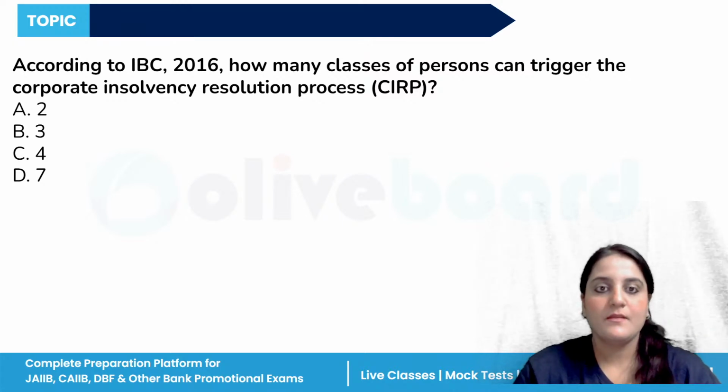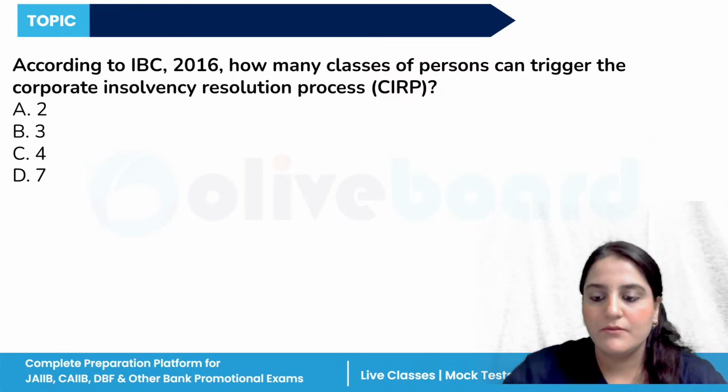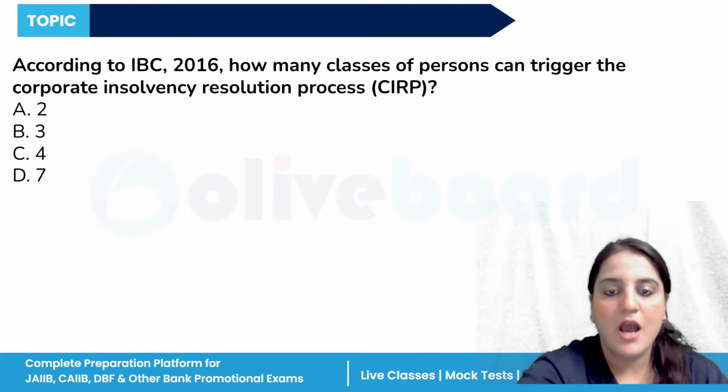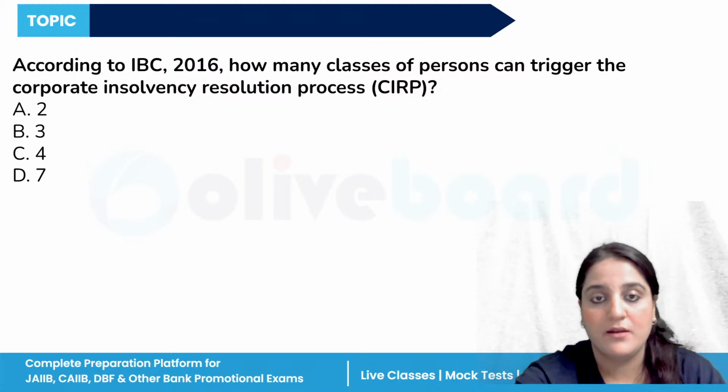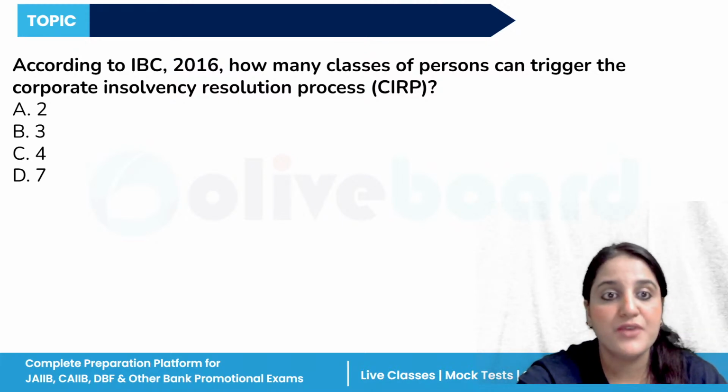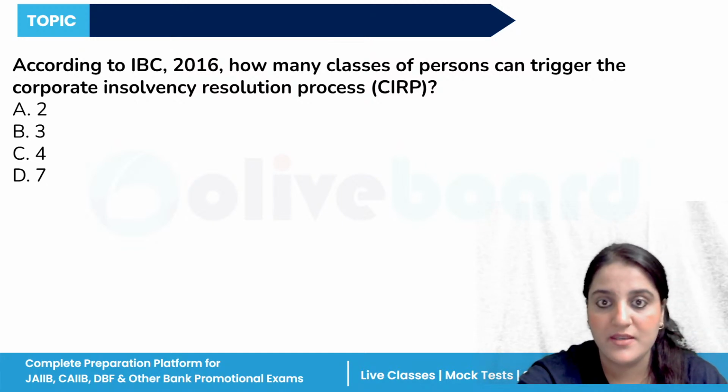Okay. This question is clear? According to the IBC 2016, how many classes of persons can trigger the corporate insolvency resolution process, that is CIRP?